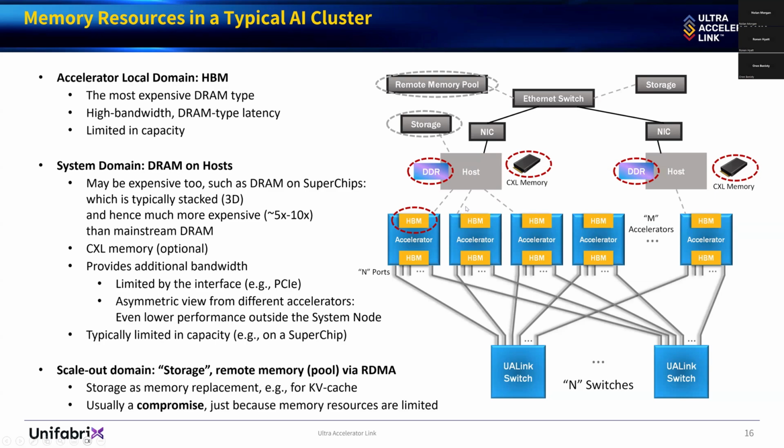But once you need to go to a DDR that sits on other hosts that connect to other accelerators, and this is where you need to go through the scale-up fabric, through the UALink switches, this is where you get an asymmetric view of that memory, because the bandwidth would drop and the latency would be much higher. And in the next slide, we will see some examples of real systems, how things work in existing AI clusters.